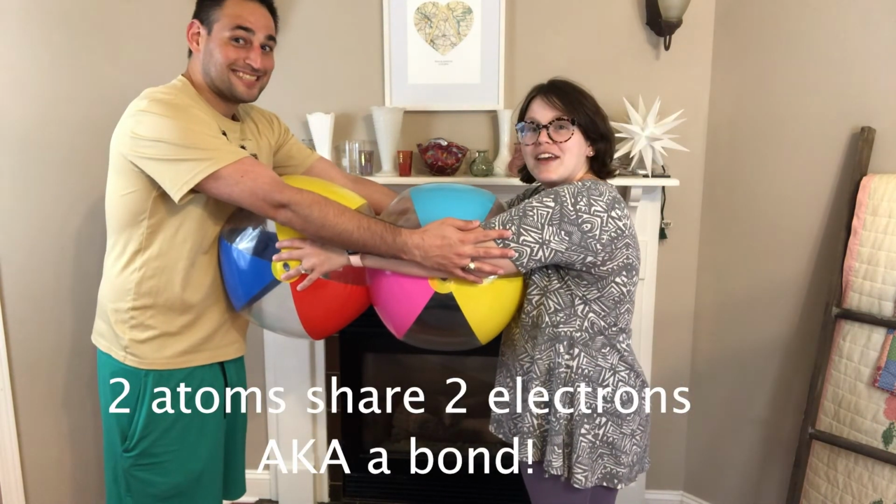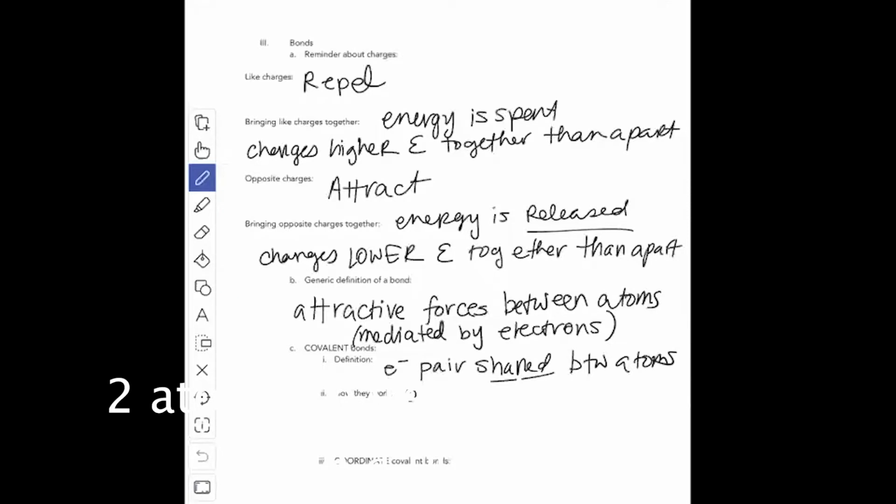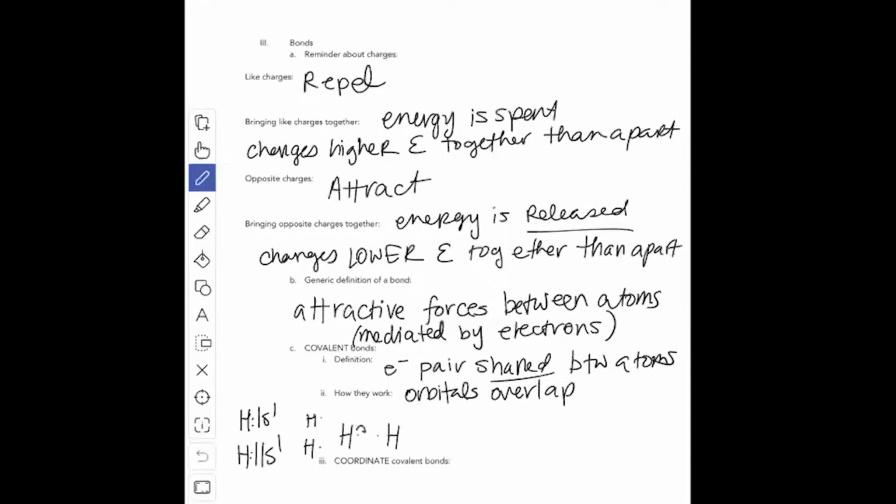For instance, if we have two hydrogen atoms, each has a 1s1 electron configuration for a total of one valence electron. If hydrogen pools their electrons together to form a bond, each atom now has access to two valence electrons. Is it 8? No. But n equals 1 only has one orbital in it, an s, so both hydrogen atoms now have their outermost shell filled.